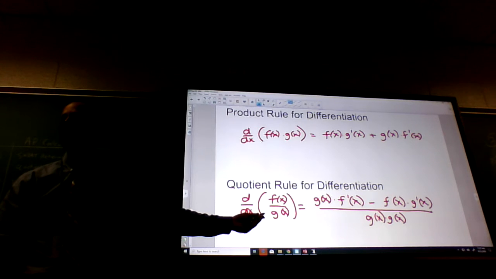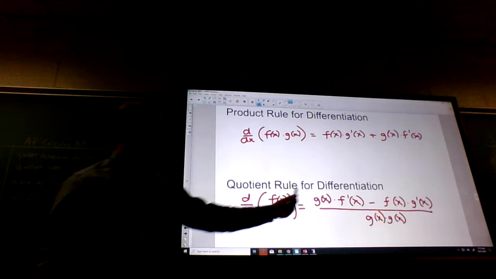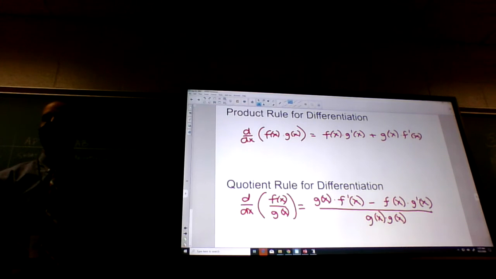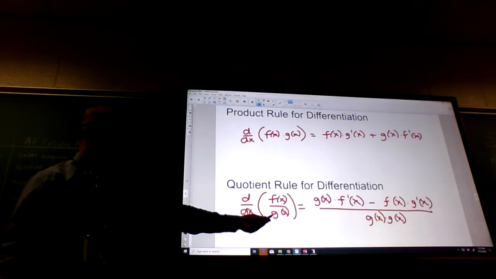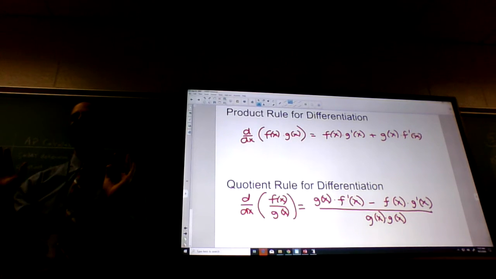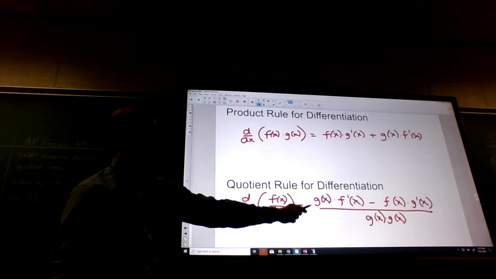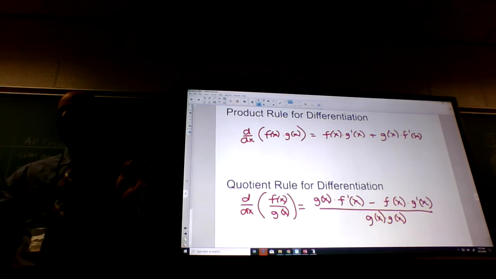Because quotients in general are worse. You don't have to go through all those steps. You will simply use this. This is the shortcut. If I ask you what the derivative of f of x over g of x is, it is not the derivative of f over the derivative of g. It is this. Now, do those seem kind of manageable?